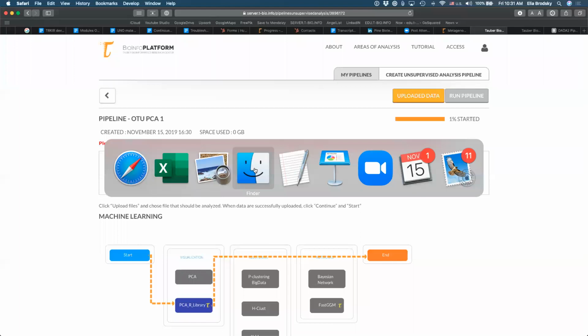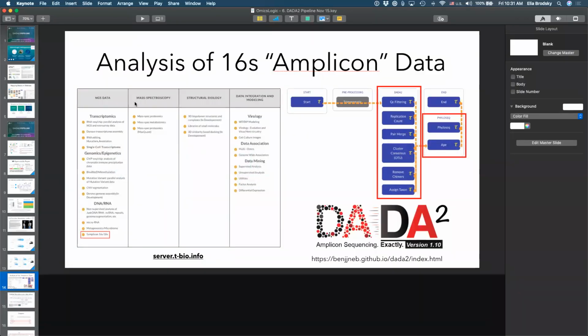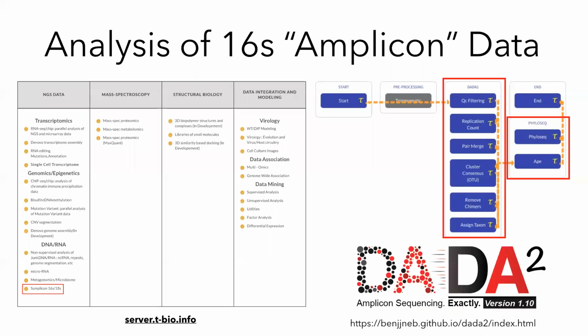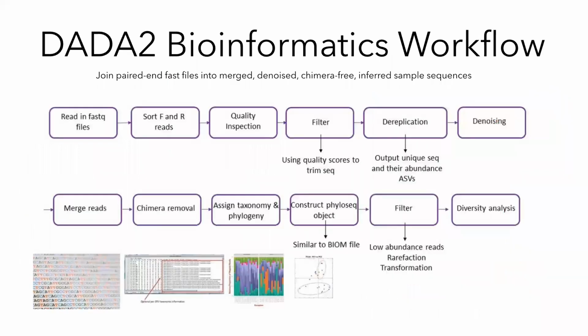In the meantime, let's review what we learned. We ran this pipeline that consists of two main portions, the processing, which is DADA2, and then visualization, which is phyloseq. You can get access to this DADA2 pipeline as a package on Bioconductor in R, or you can just build your own pipeline using that tutorial.